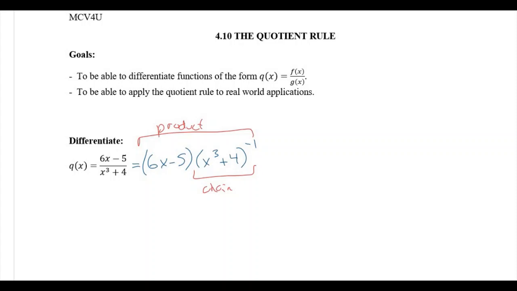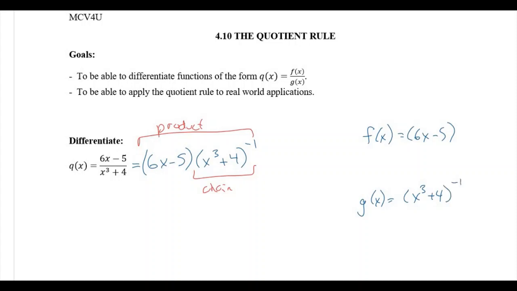So let's take f of x and g of x for our product rule. That would be 6x minus 5 and x cubed plus 4 to the negative 1.